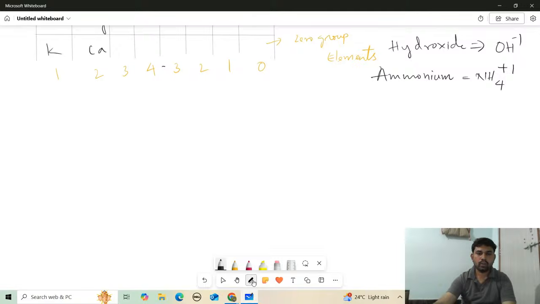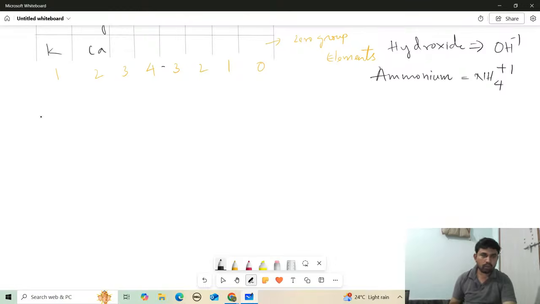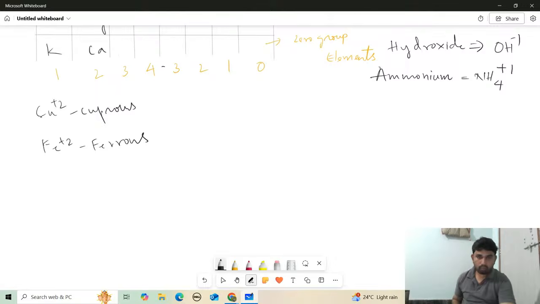To find some other ions, we have copper. Copper plus 1 is called cuprous, and copper plus 2 is called cupric. We have iron plus 2, which is called ferrous, and Fe plus 3, which is called ferric.